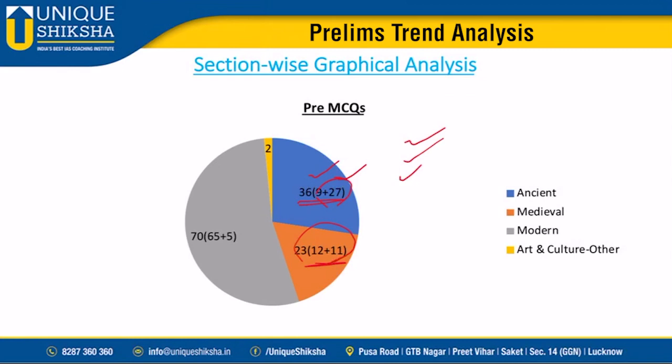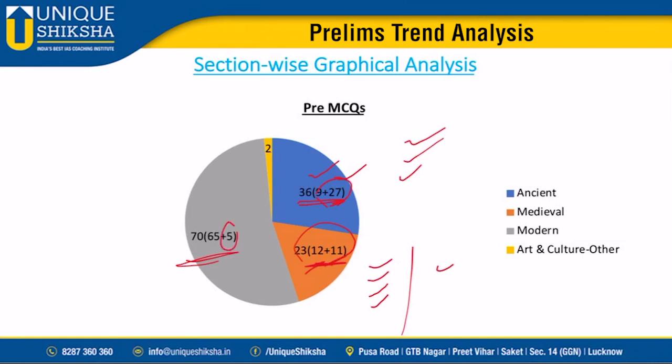As you can see, the division of the questions between the conventional portion, that is polity, administrative and socio-economic, and the cultural portion is near about the same, but you can't take much out of it. It can increase or decrease with time, but here there is a clear majority of questions from ancient culture, which is a trend.